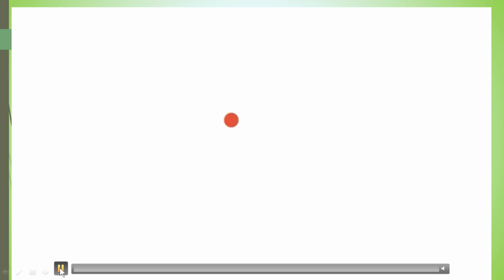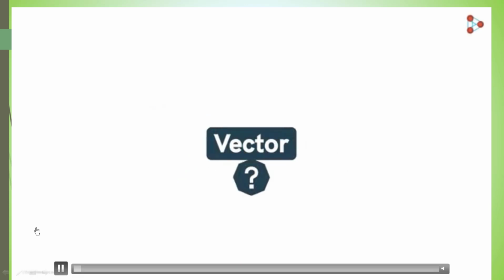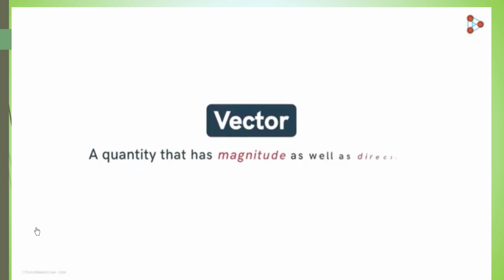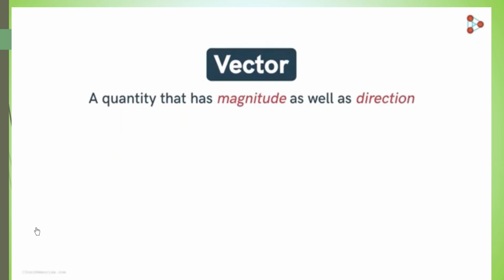As we have discussed in the previous lecture, a vector is a quantity which has magnitude as well as direction. So what is a vector? A quantity that has magnitude as well as direction.